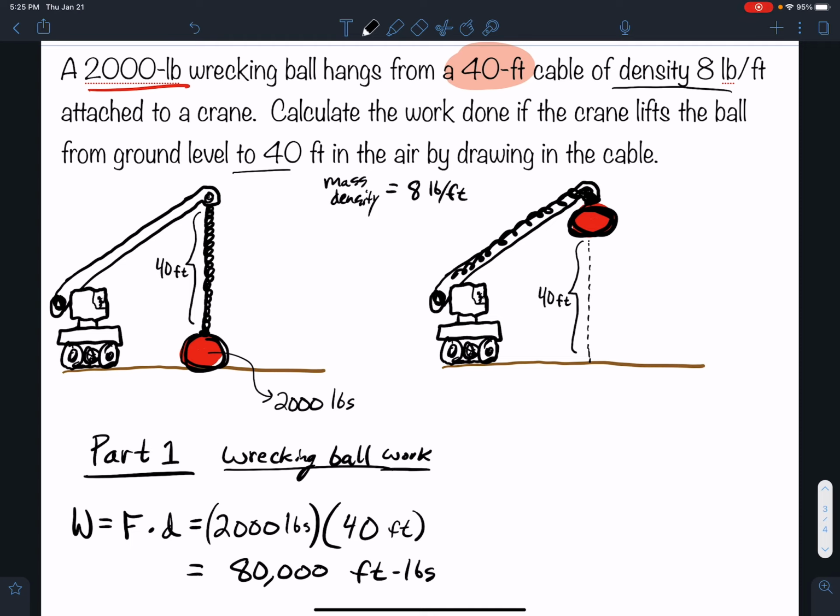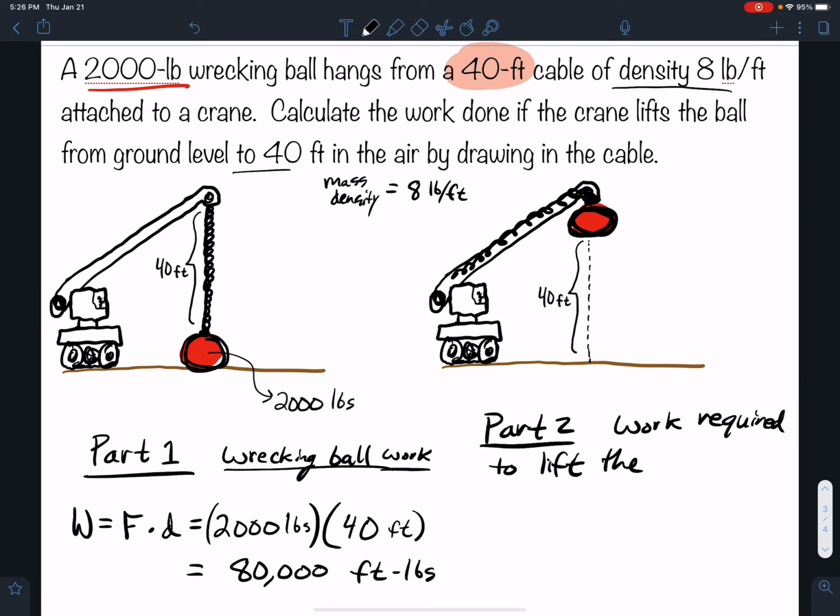So the work required to pull in the chain is less and less as the ball goes up. So that's actually variable. That's where the calculus comes into play. So part 2 is the work required to lift the 40-foot cable.